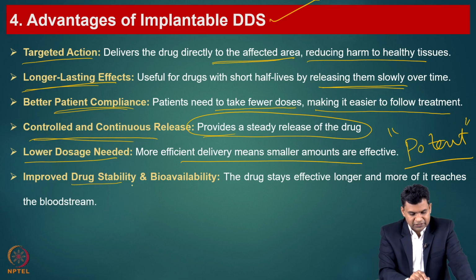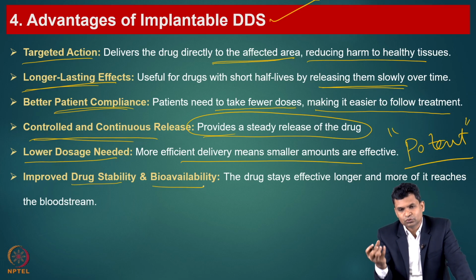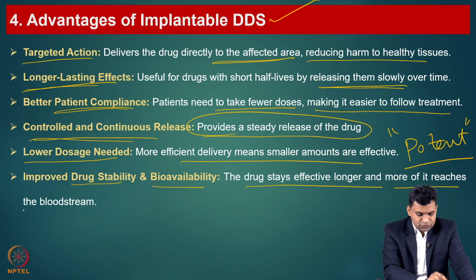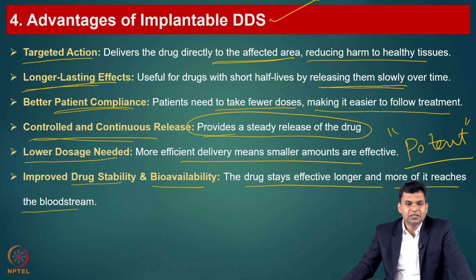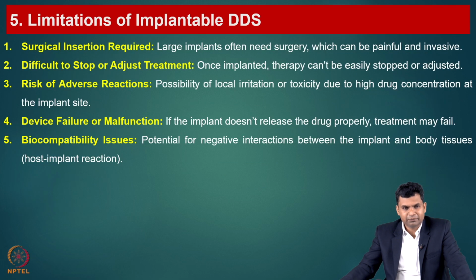And definitely it improves drug stability, because we are going to load our formulation in the implants, and that will protect it from all types of problems happening in the physiological or body conditions like pH, enzymes, and acidic conditions. So, drugs stay effective longer and more of it reaches the bloodstream. We can also bypass some oral problems like first pass metabolism, which can be avoided.